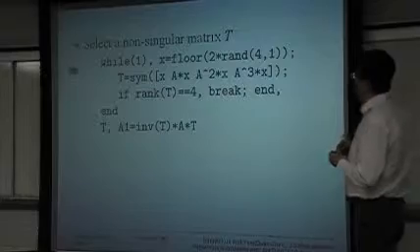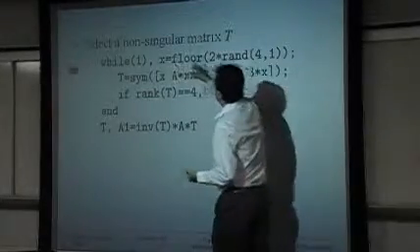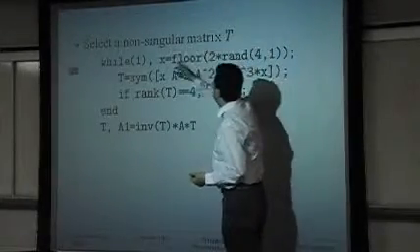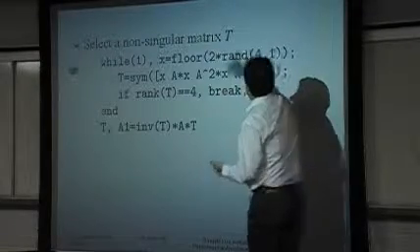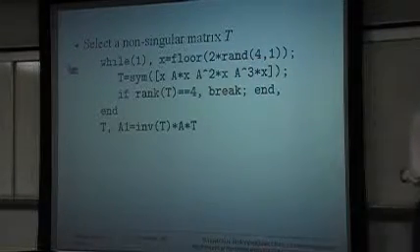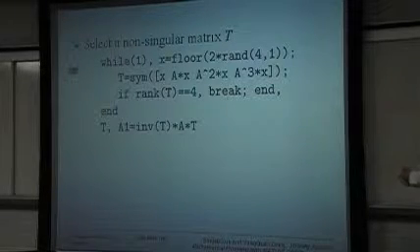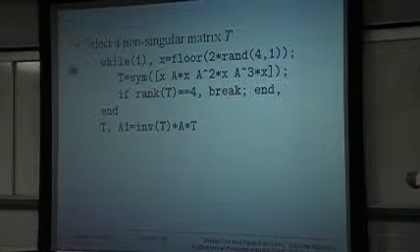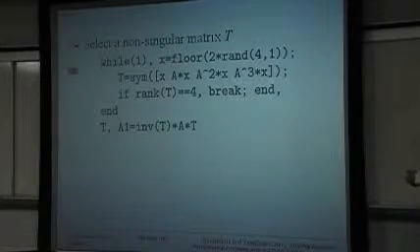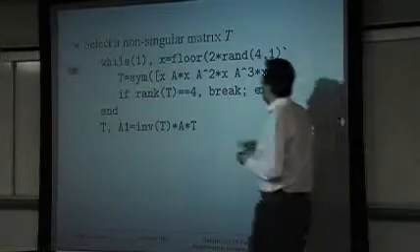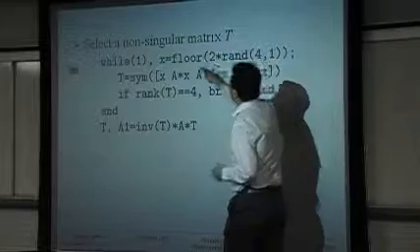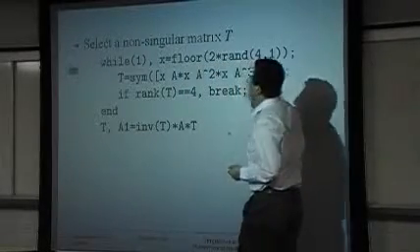If we use floor, we can extract the integers. And this one is generating random numbers in this interval. So we multiply it by 2 and then take the integer. So the numbers in X can only be 0 and 1.